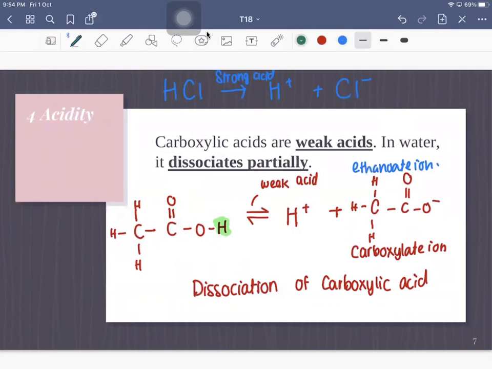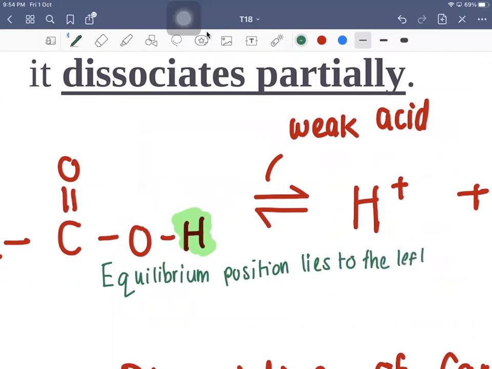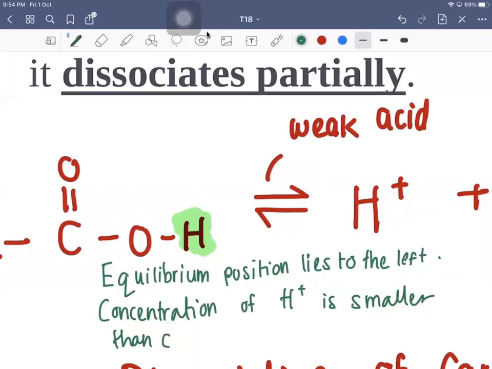Again, this may not mean anything to you right now because you've not learned equilibrium, but just add on: equilibrium position lies to the left because concentration of H plus is smaller than concentration of CH3COOH.